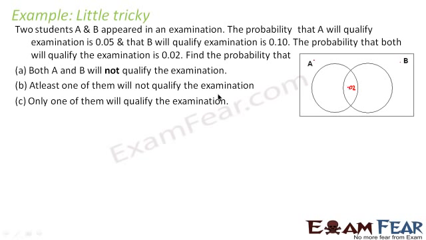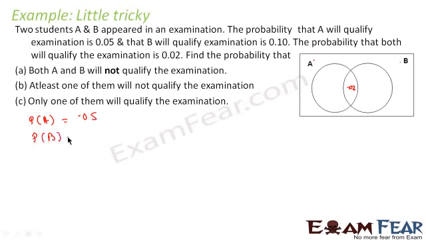So let me first write what I mean. Probability that A qualifies, that means P of A is 0.05. Probability that B will qualify means P of B is equal to 0.10. Both A and B will qualify means probability of A intersection B is equal to 0.02.